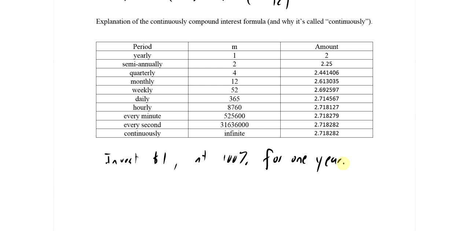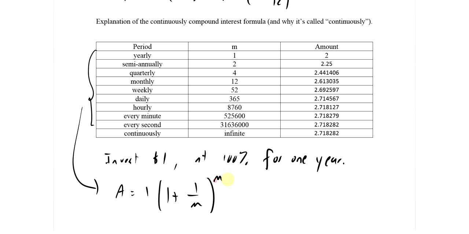Okay, so how much would you have at the end of the year if it's compounded yearly? Well, that's just once. You'd have $2. So for all of these, the formula we're using is A equals 1, because that's our investment, times 1 plus 1 over m to the m times 1, because it's 1 year.